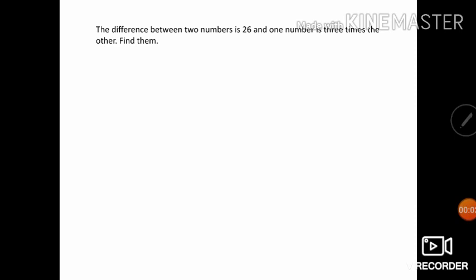The difference between two numbers is 26 and one number is 3 times the other. Now, in one sentence there are two equations given. So we will extract these equations, but first understand we are given the difference between two numbers. So there will be one number greater than the other.